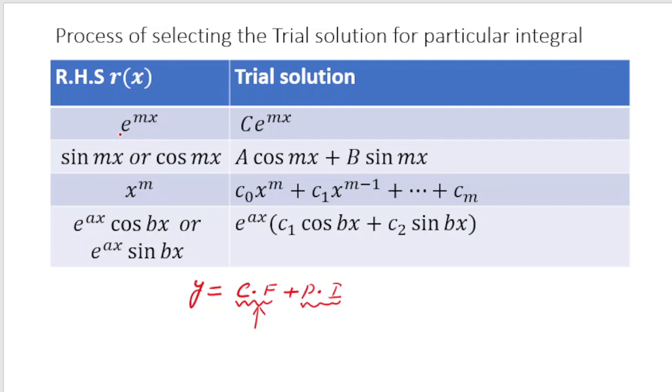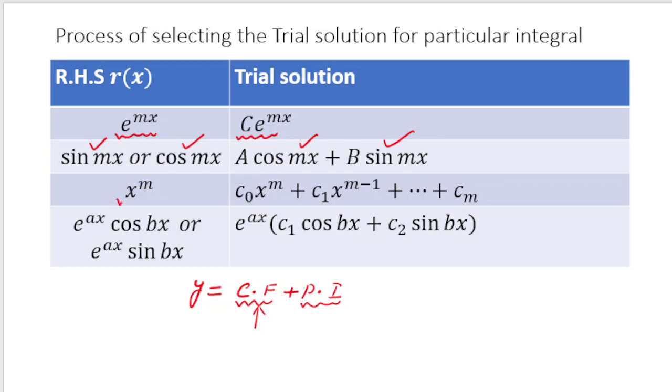So if the right hand side of an equation is e to the power mx, an exponential function, then the trial solution will contain c times e to the power mx, right? Similarly, if the right hand side is sin mx or cos mx, the trial solution will contain a linear combination of cos mx and sin mx.